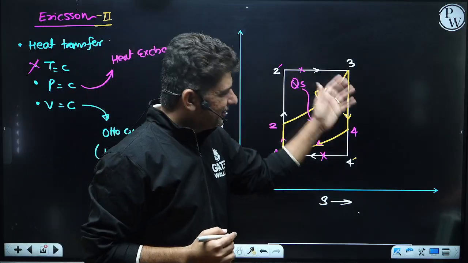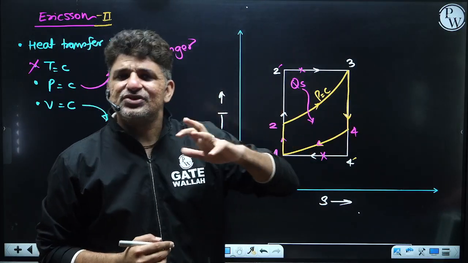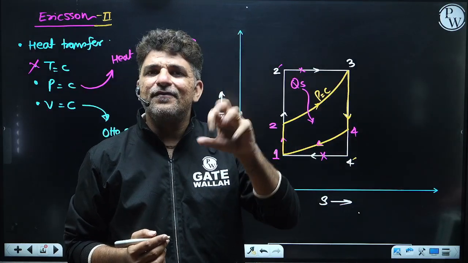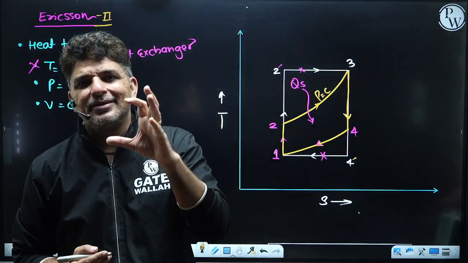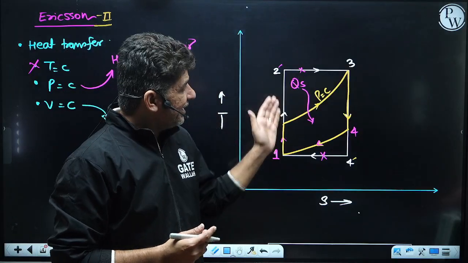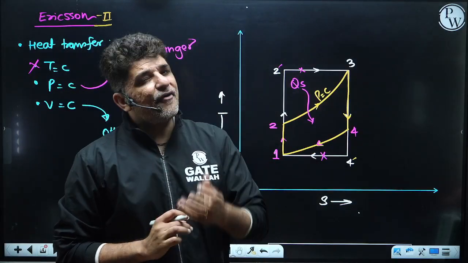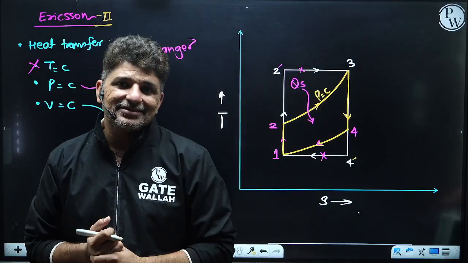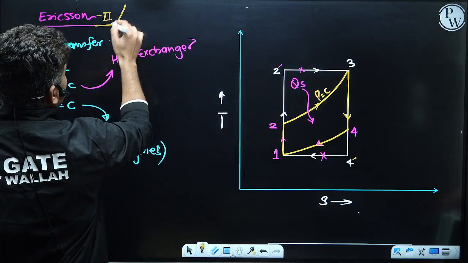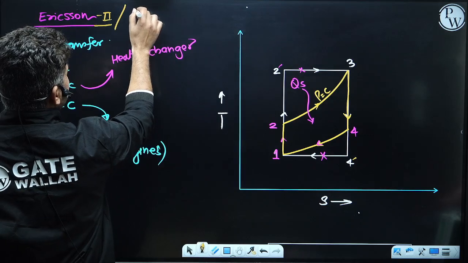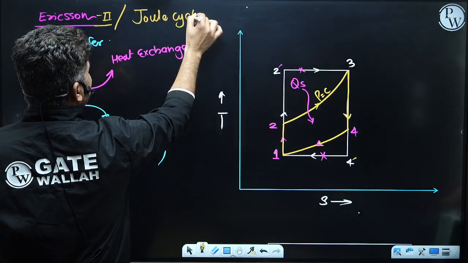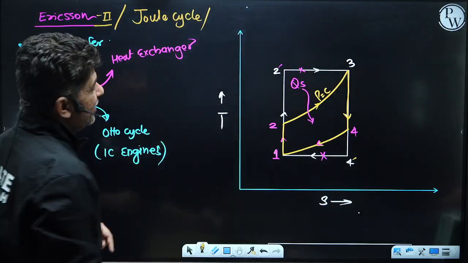This was in Europe, at the starting of the 19th century, around 1820. In that era, everybody was engaged in designing cycles. So this cycle is claimed by 3 scientists. It is called the Ericsson 2 cycle. Joule also claimed that he designed this cycle, so it is also called the Joule cycle.